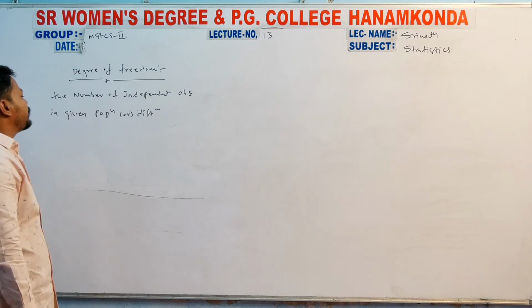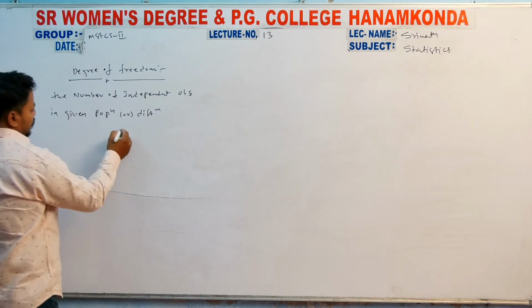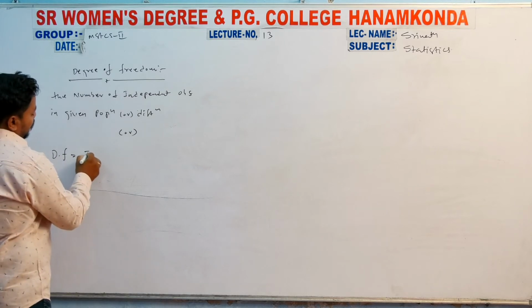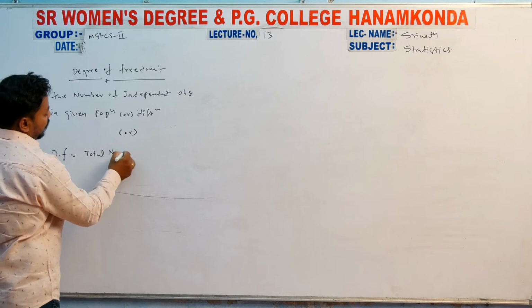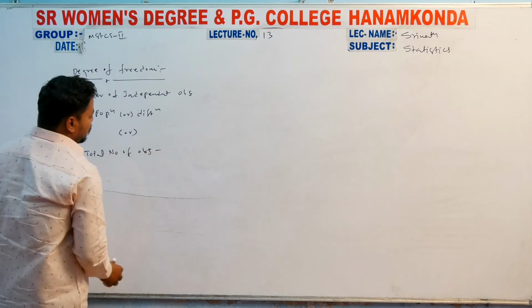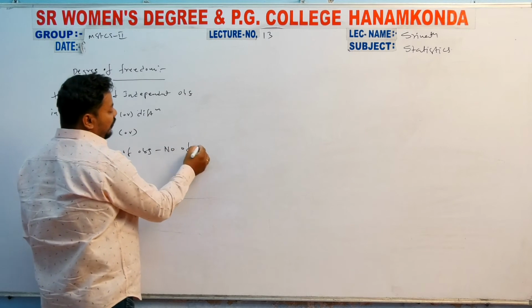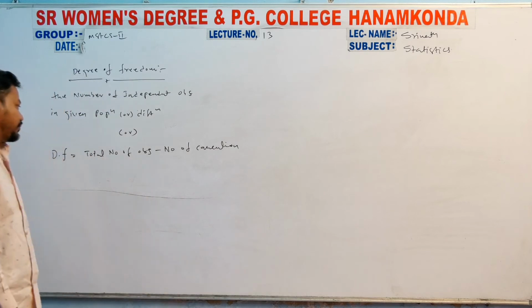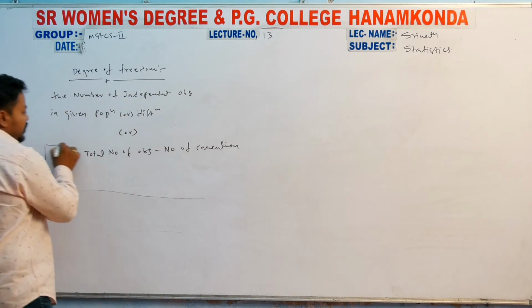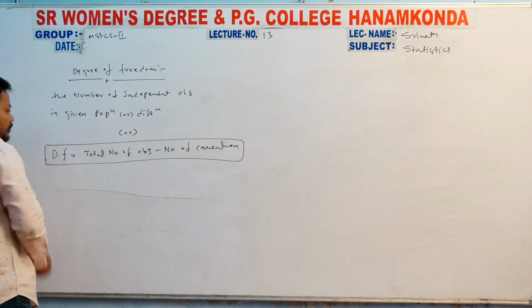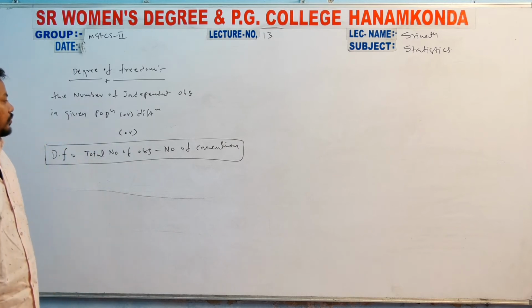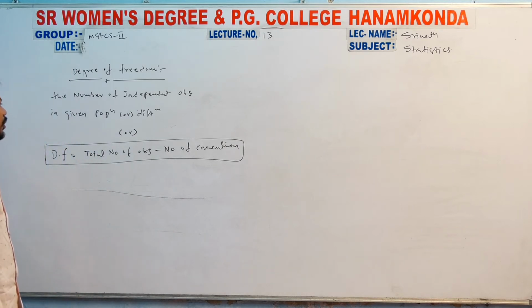And also, degrees of freedom equals the total number of observations minus the number of cancellations. This is the formula of degrees of freedom.